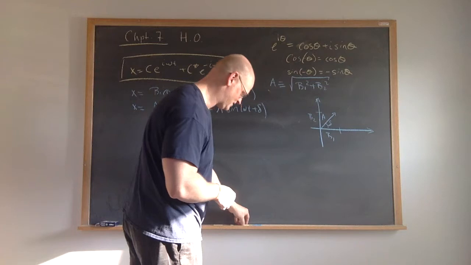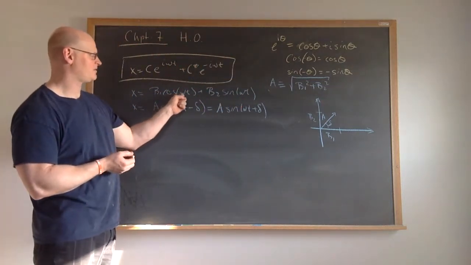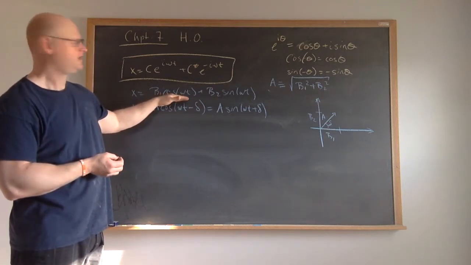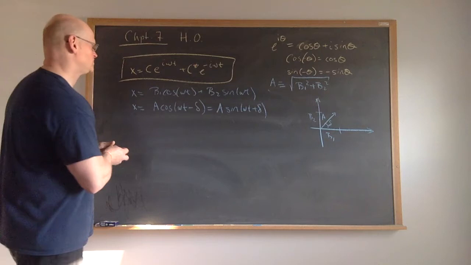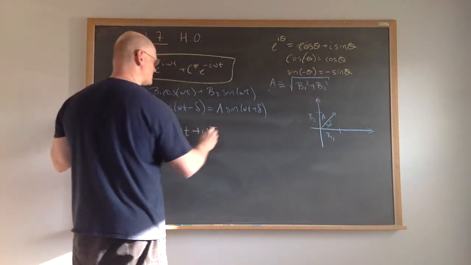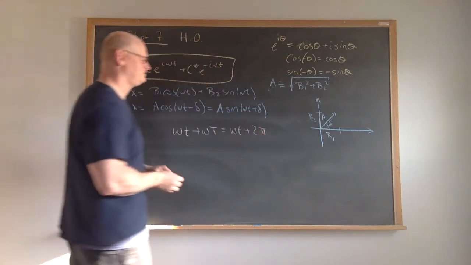So, very good. Now, each one of these harmonically oscillates with a fixed period. So the way we would determine a period is, if I look at this, this system must return back to itself when it has gone through a period, which means omega t plus omega times the period must be equal to omega t plus 2 pi.